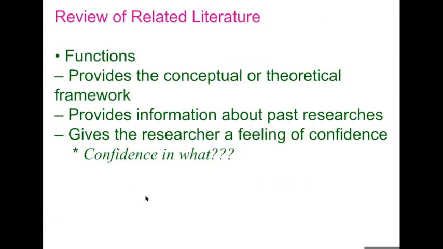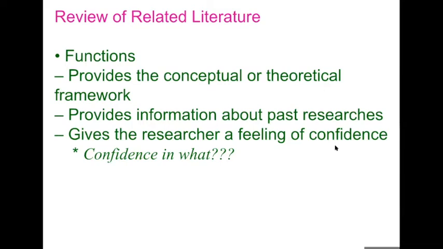Okay, review of related literature. So, what are the functions? It serves to provide a conceptual or theoretical framework, provides information about past researches related to your research topic, and gives the researcher a feeling of confidence. Confidence in what?